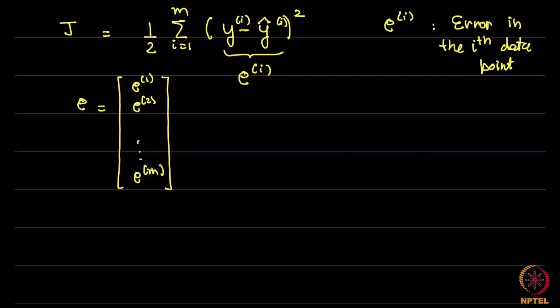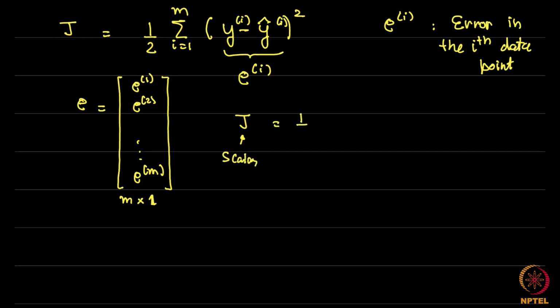So this E is now an M cross 1 matrix. Now what we want to do, of course, is express J also as a matrix. So remember, we had expressed X, W, Y hat all as matrices. So J also we want to represent in a matrix form. Remember, J of course is a scalar.